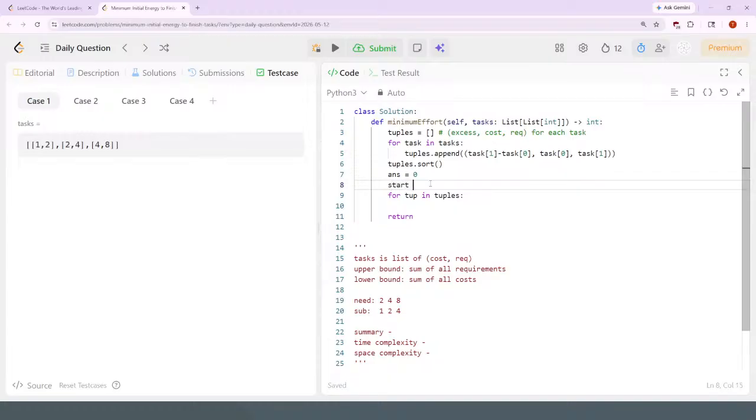I guess I should probably start with the cost of the first one. So tuples of 0, the requirement of that, and then for everything from 1 on. Actually, I'll just do an index here.